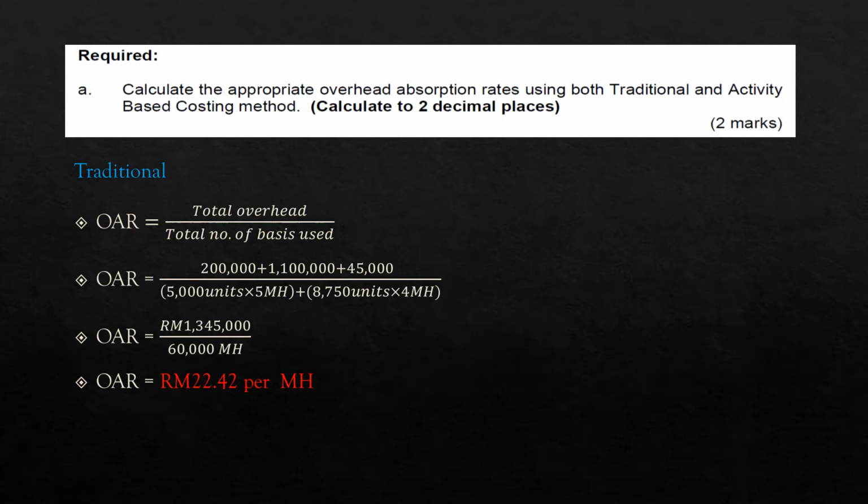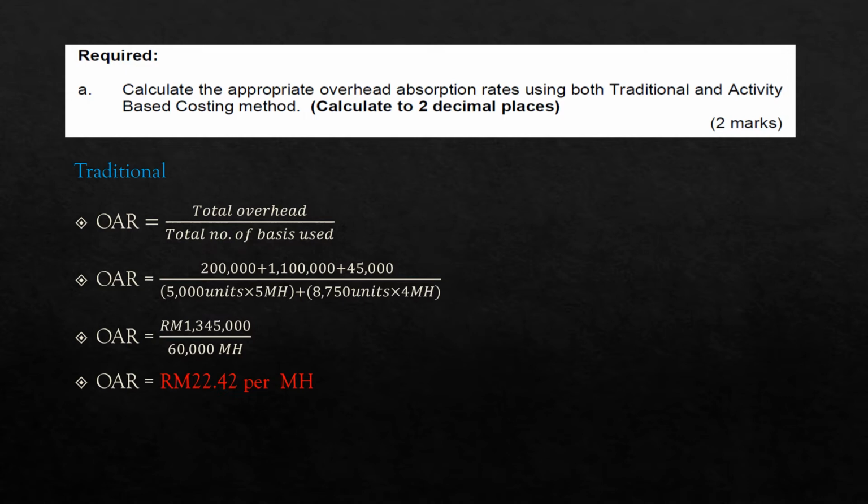That is 8,750 units multiplied by 4 machine hours, which is equal to 35,000 machine hours. And the total overhead consists of RM 200,000 manufacturing setup, 1.1 million machine processing, and RM 45,000 for product shipping.